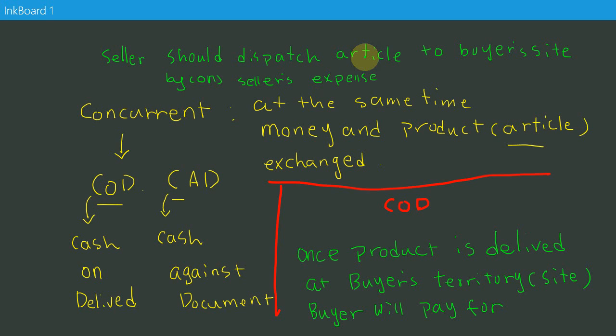Okay, the seller in this case should dispatch, meaning send, the article at his own expense to the buyer's site. Once the product has arrived, the buyer can inspect whether it is the proper one that he wants or not.